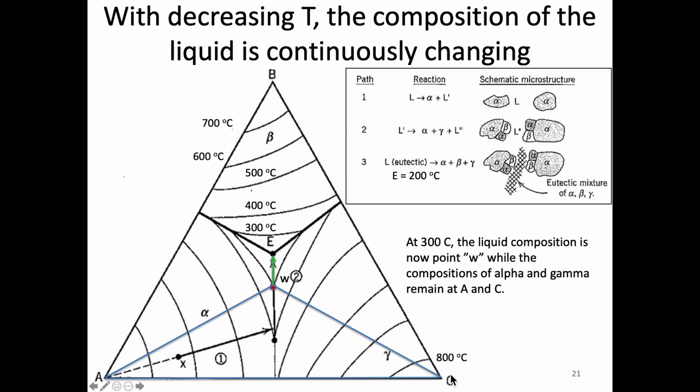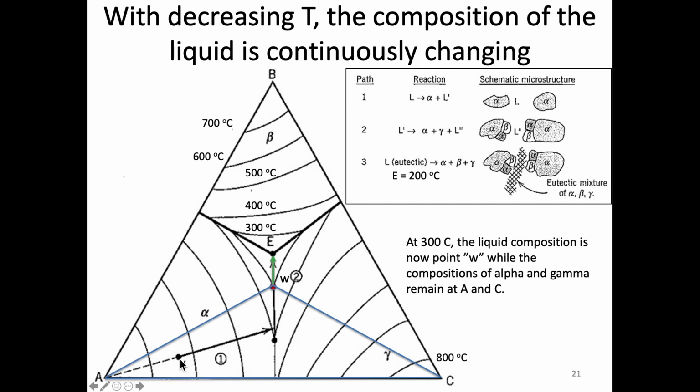So now let's talk about the next lowest temperature. So we started at around 400 or so, and now we decrease the temperature, and the temperature is at around 300. So at 300, the liquid composition follows the boundary curve, and so it is represented by this point W. And so now, again, we still have 3 phases, and this is our triangle representing that, but the only thing that's changed is the liquid composition.